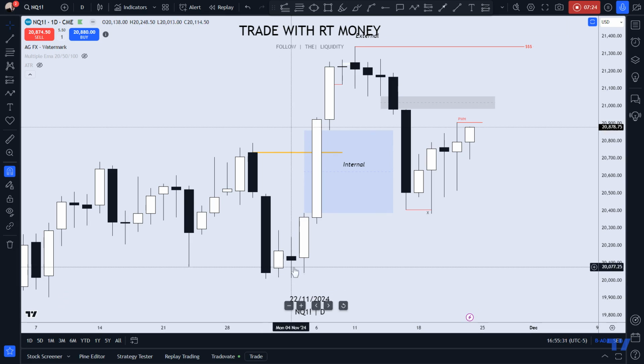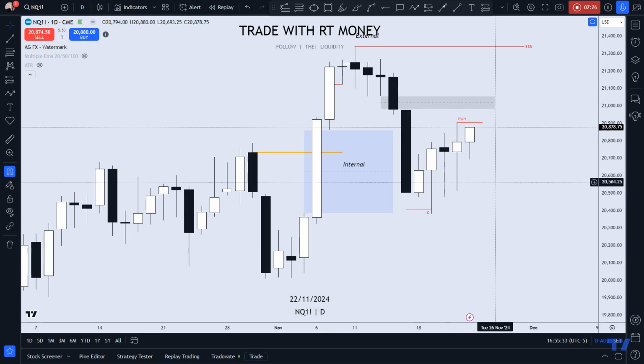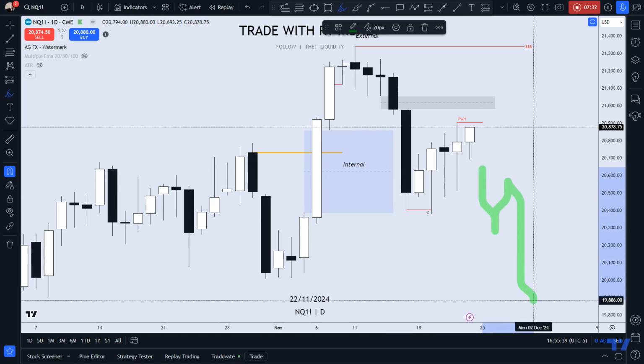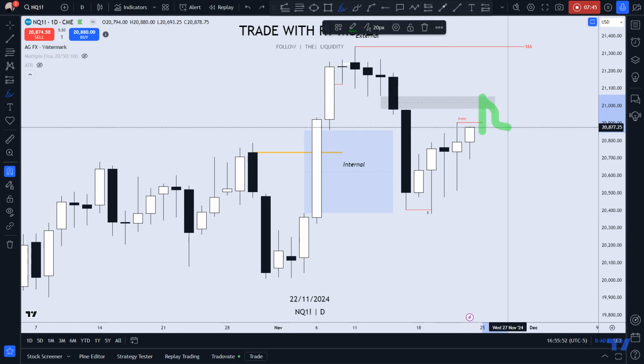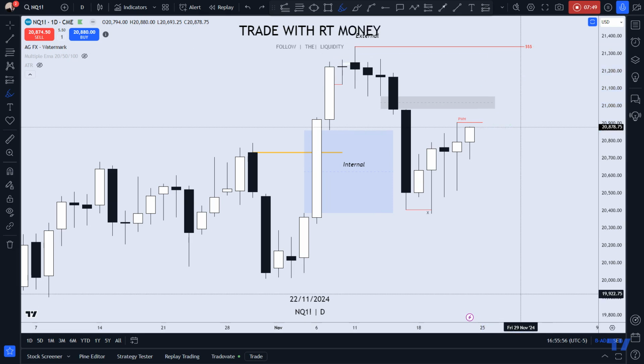Then that's what I'll be looking for, and I'll be looking for bearish fair value gaps for price to push down and then come up and use those bearish fair value gaps to push further. But that's not the likely scenario. The likely scenario is that we react to that fair value gap and then continue up higher.